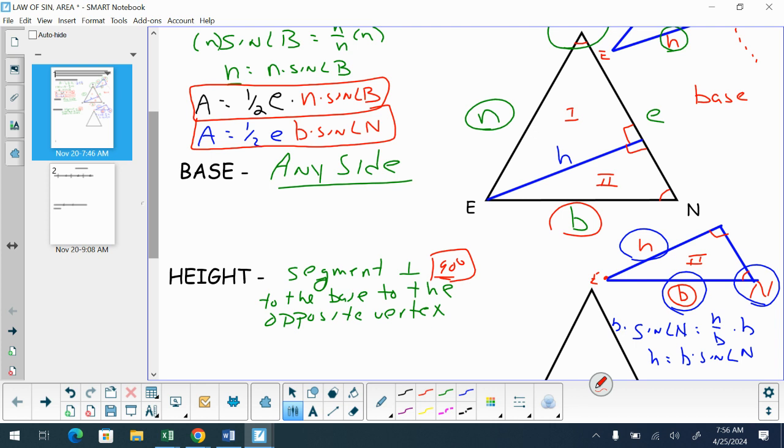Now, just like with the law of cosines, we have 3 equations that we can write for the area. Let's evaluate and let's follow the pattern.